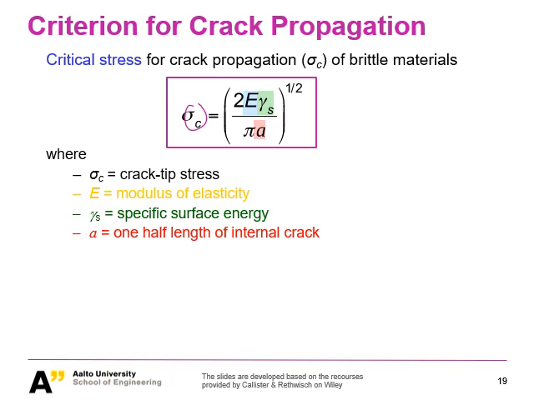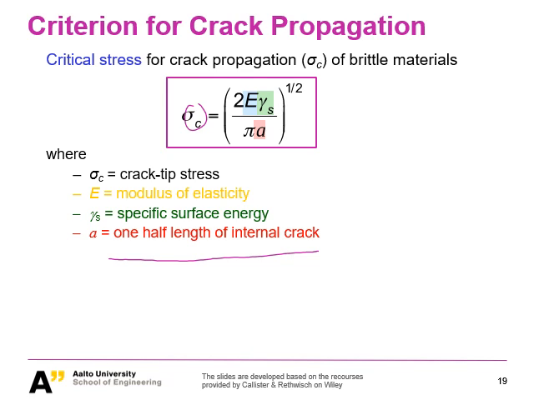And what you can see here, a is the half length of the internal crack. So this is the a. We have C, and pi is a geometrical constant. And then we have two new material-based parameters. The first one is the modulus of elasticity, and the second one is the so-called specific surface energy.